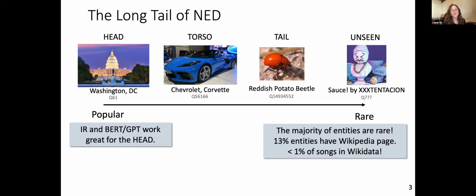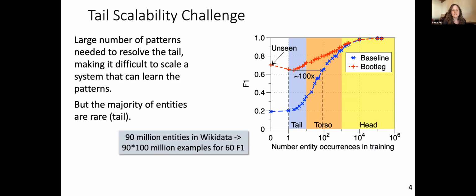And even less than 1% of all songs in MusicBrainz are even in Wikidata, right? So you get this massive tail distribution of entities that don't have a lot of textual data that you can use. Now, why is this a challenge? It's that you can't really train traditional systems to disambiguate these rare entities.